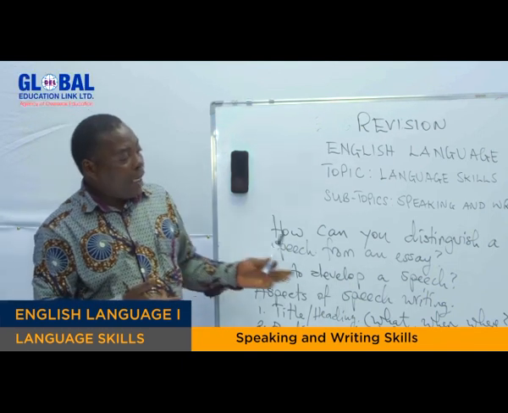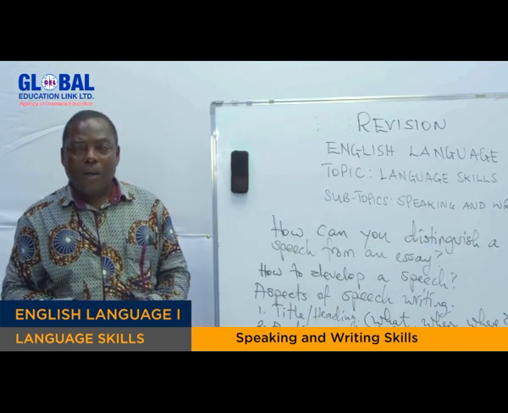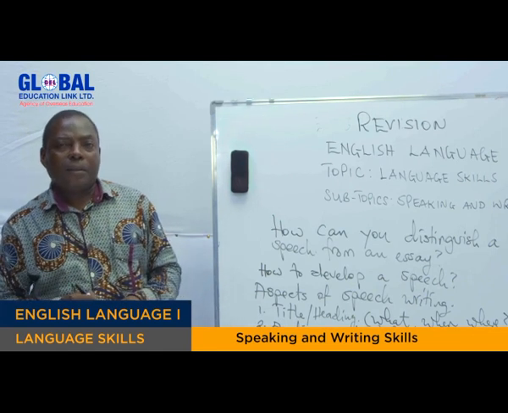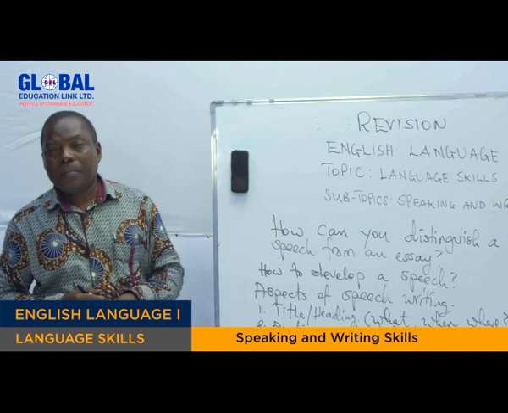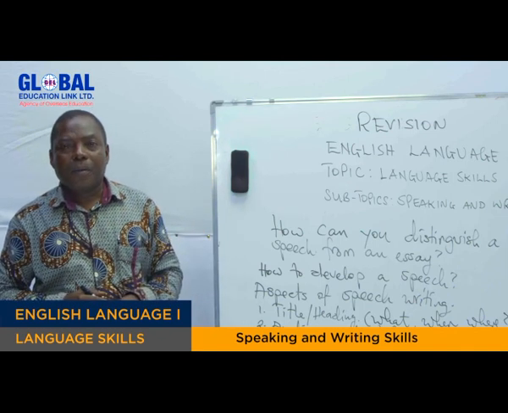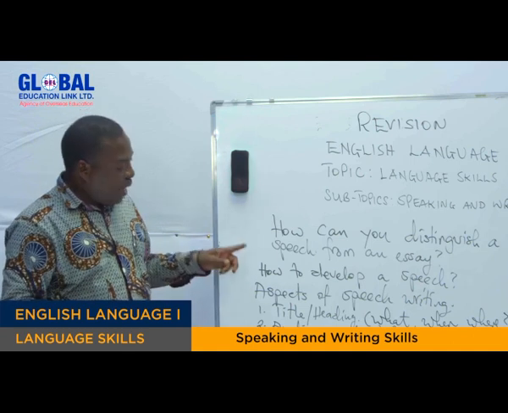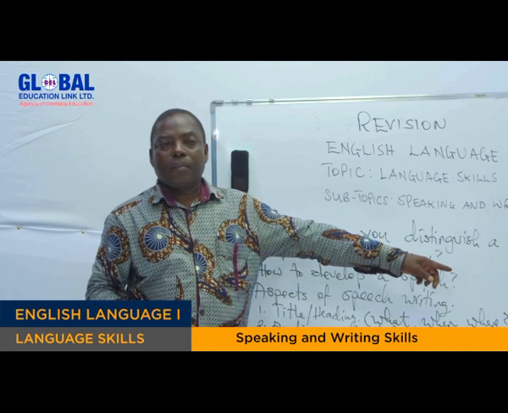But when you are writing an essay, we don't have such an element. You are just seated somewhere, you develop your essay. Who is going to read? You can't see him. So this is another aspect that shows how speech development is different from essay writing.